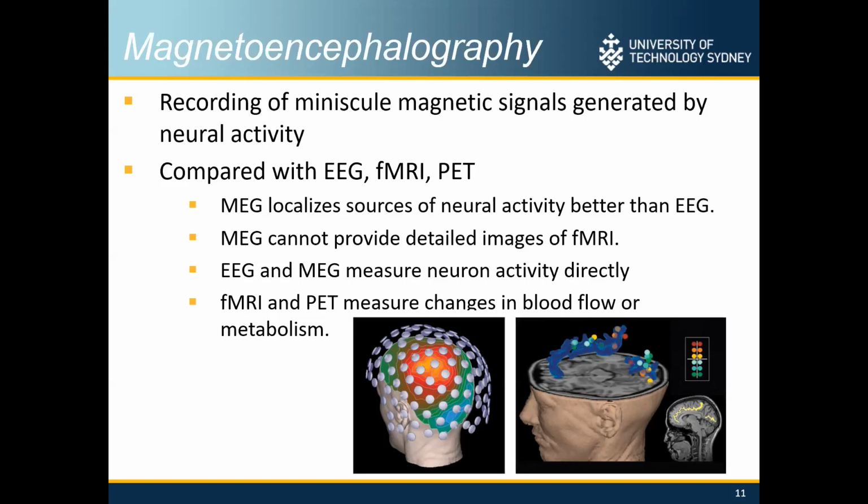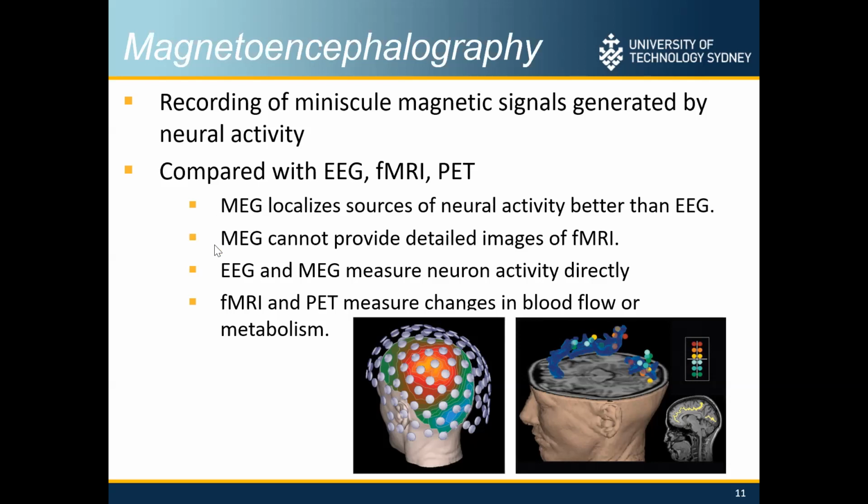However, if you're using a device like an MEG or even an fMRI or a PET scan, they have pretty good spatial resolution, okay, that allows you to pinpoint which areas of the brain are activated for a specific behavior.